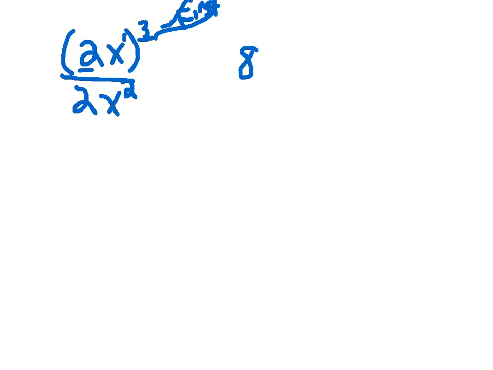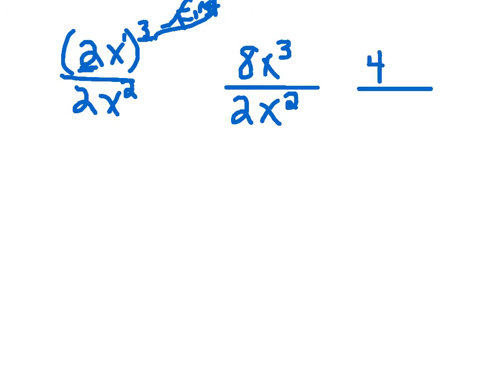X to the 1 times 3 is x to the third because we raise the coefficient to the given power and we multiply the exponents. Now I divide that by 2x squared. 8 divided by 2 is 4, and x to the third divided by x to the second is x. And it's on the top because 3 is bigger than 2.